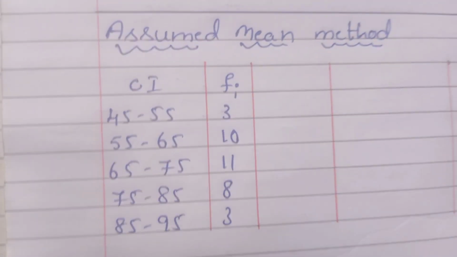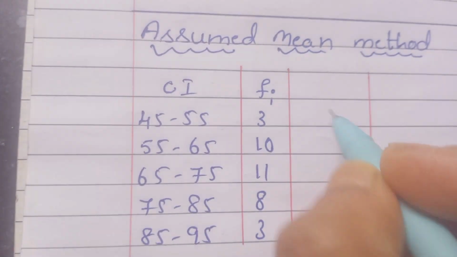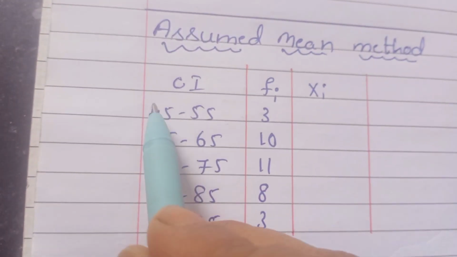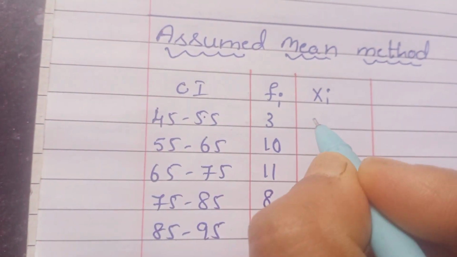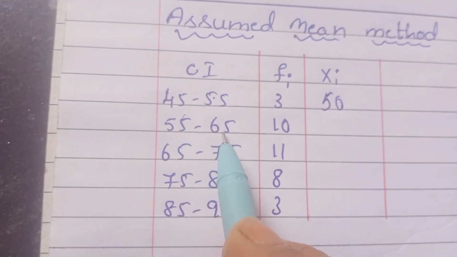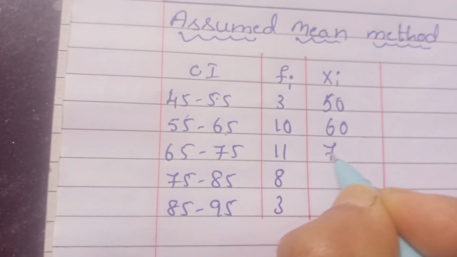Second method is assumed mean method. First we should find the midpoint, same method. Xi: 45 plus 55, 100 by 2 is 50. 55 plus 65, 120 divided by 2 is 60.